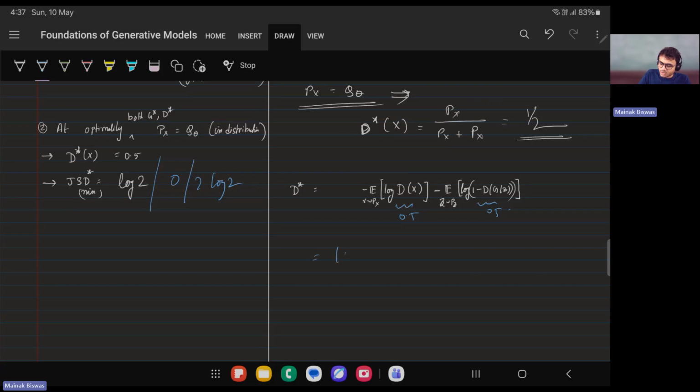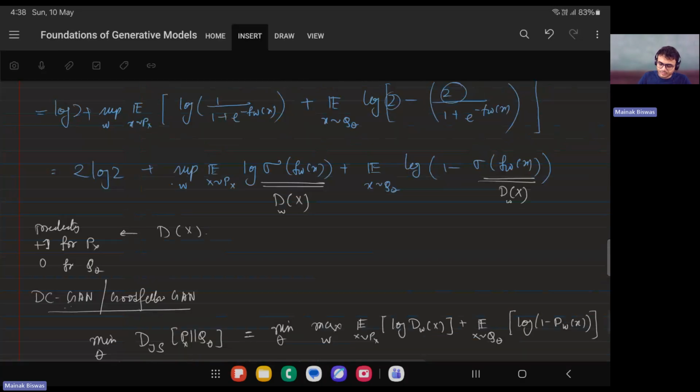I get 2 log 2, right? 0.5 is just half. So log half is minus log 2, and minus 2 times that is 2 log 2. So this is 2 log 2 in one of the cases, or 0 if you keep it the other way. So if you keep minus 2 log 2 in the previous equation, you remember in our previous function, we had this constant over here.